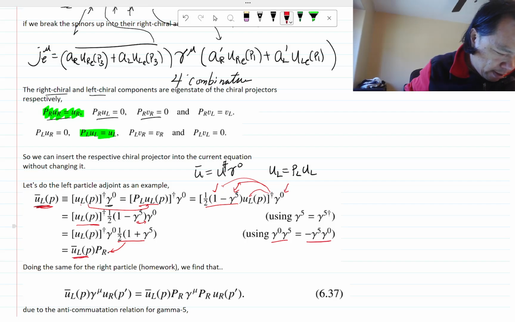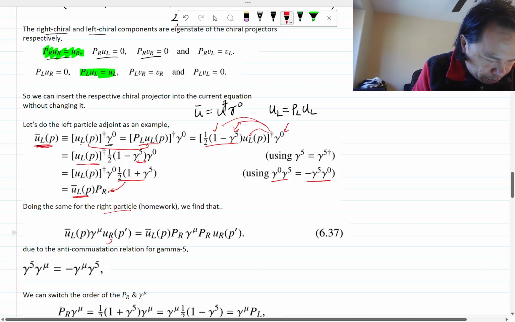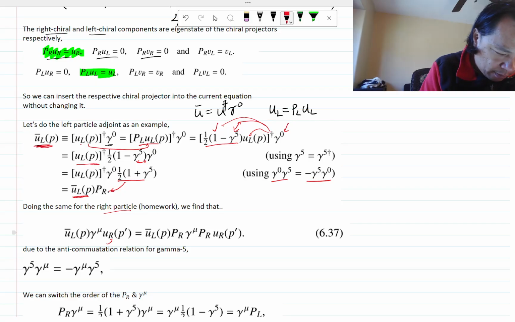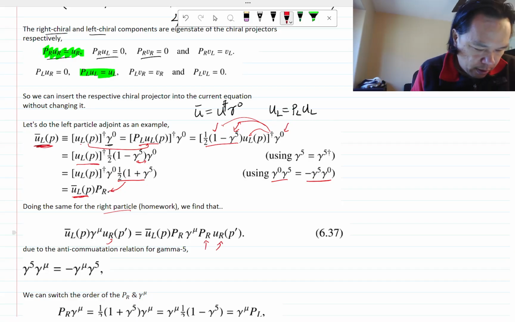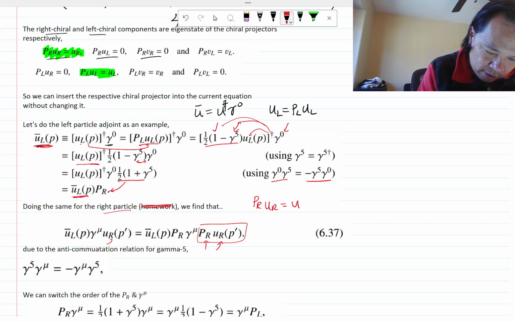Okay. Doing the same thing for the other particle, meaning the other side of the current, UR. You're going to find that UR is basically PR UR. Actually, you don't even need to do that, because you can literally just do the substitution, because PR UR is the same thing as UR.